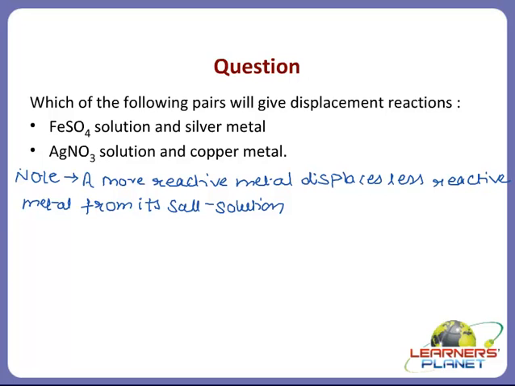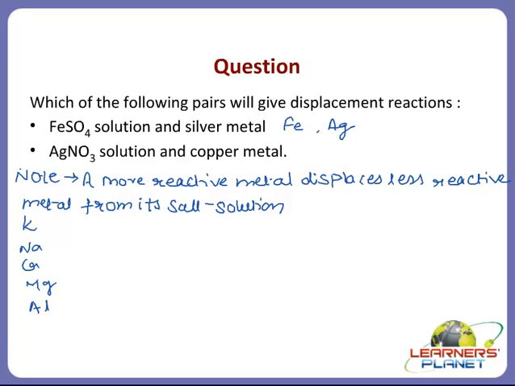Displacement. Now of these, in our first question, there are two elements. What are they? They are iron here and the second one is silver. Now let's take up the reactivity series. What was it? It is potassium, sodium, calcium, magnesium, aluminium.